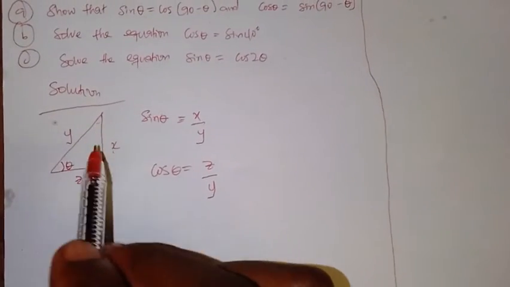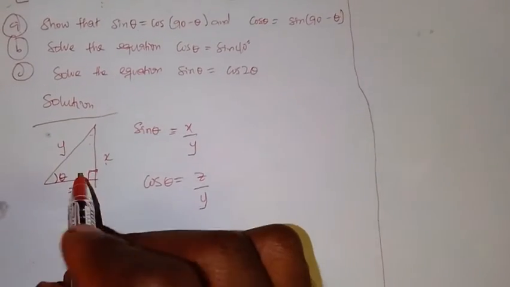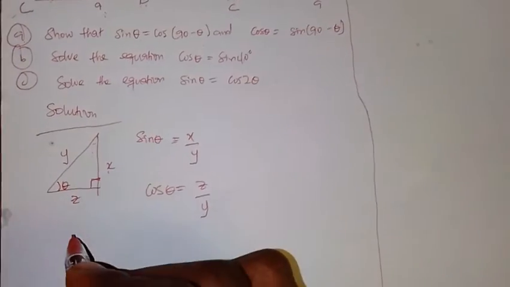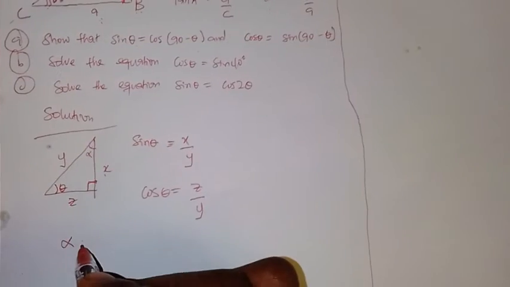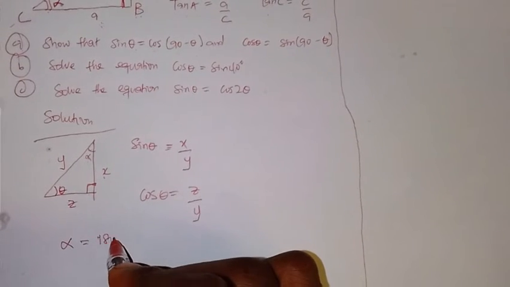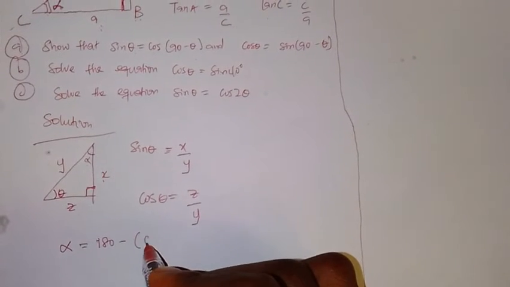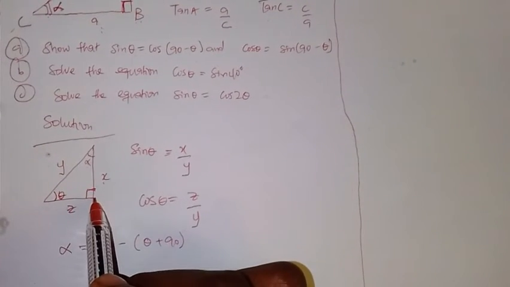Now from this diagram, if I have this as theta and this as 90, this becomes 90 minus theta. How? This plus this gives us 180, because the total angle in the triangle is 180. Let me call this angle alpha. It means my alpha will be 180 minus the sum of theta plus 90. Why? Because this plus this gives me 180.